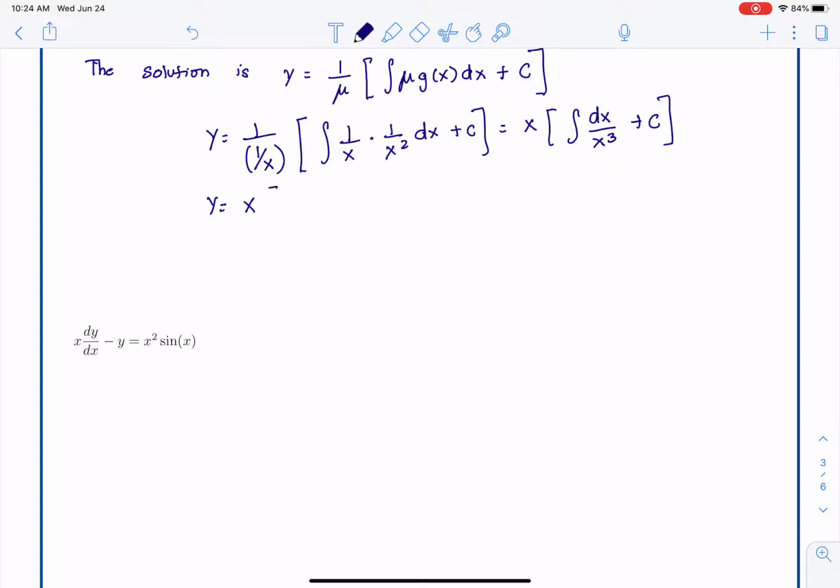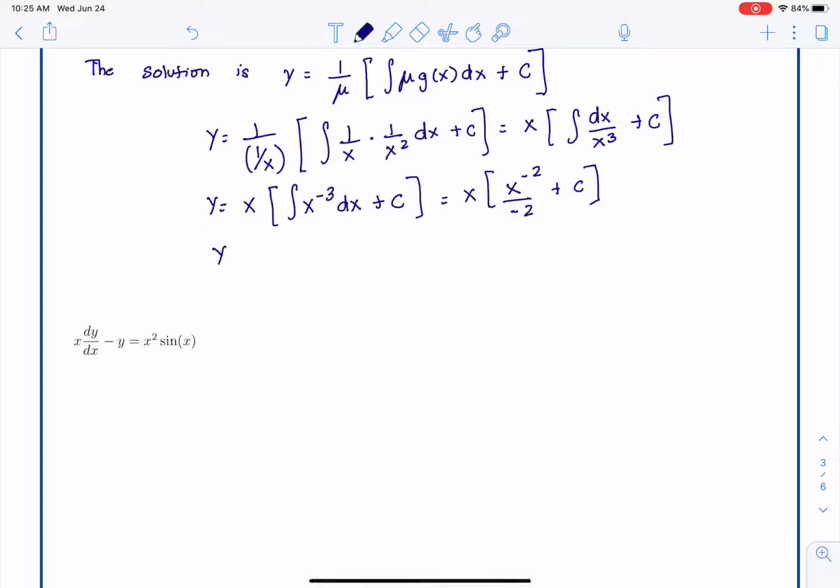Move the x cubed to the numerator, we'd have x raised to negative 3 dx plus c. The integral of x raised to negative 3 is x raised to negative 2 over negative 2. Now we can distribute the x inside.